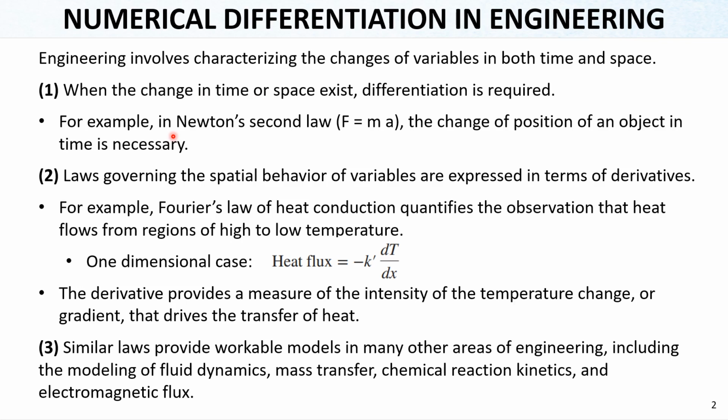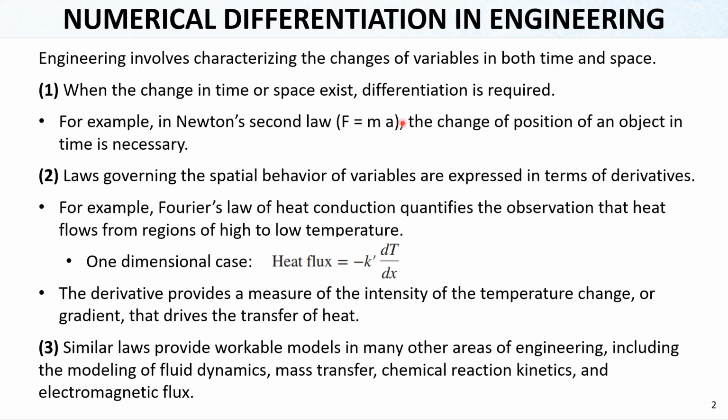That's why to find the velocity, for instance, we need to take the differentiation of the position function, and to get the acceleration we need to take the derivative of the speed function. And these are usually dependent on Newton's second law, which is shown as F equals m times a. A is acceleration, m is the mass of the particle or the object, and F is the force subjected to the object.